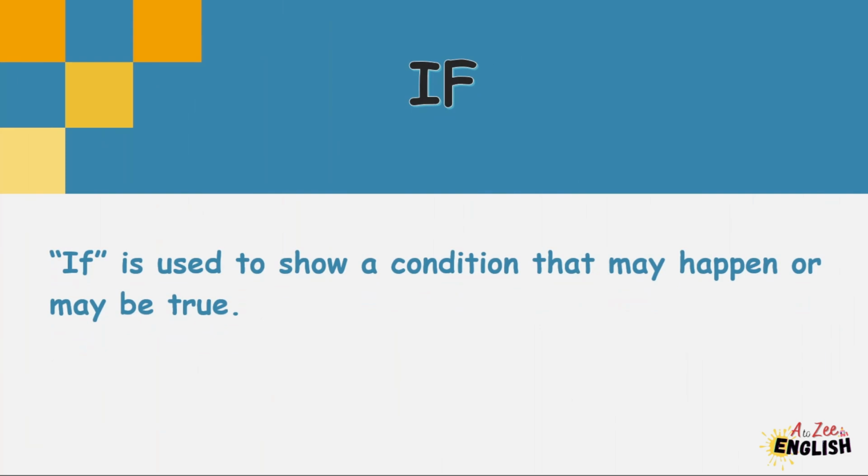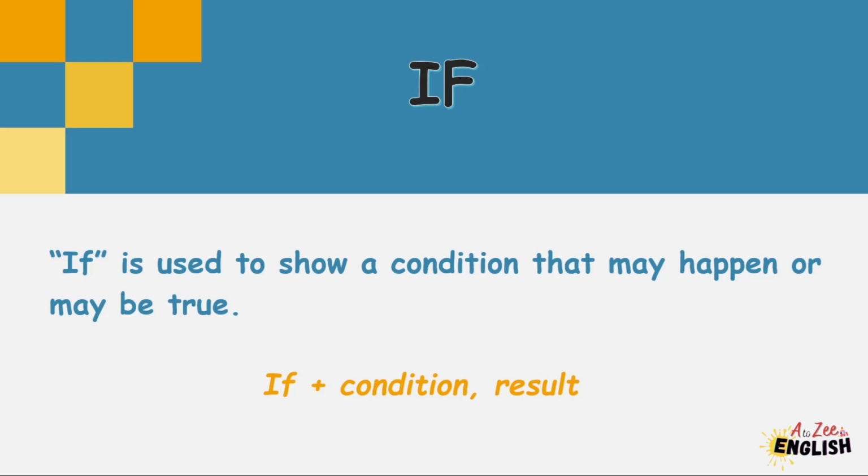If is used to show a condition that may happen or may be true. Its structure is if plus condition followed by a result. The condition can be in present, past, or perfect form depending on the type of condition.